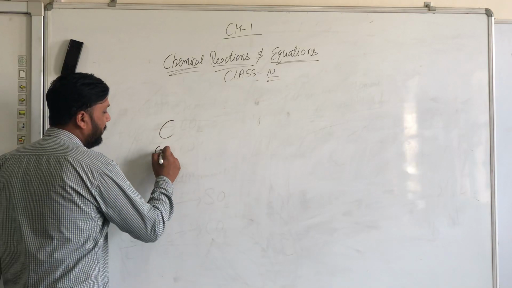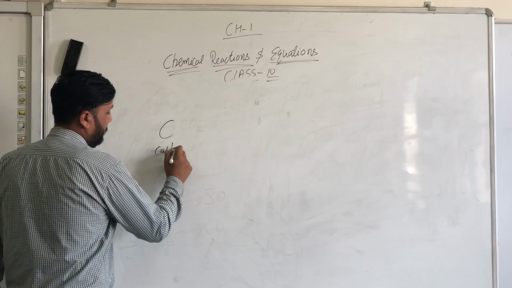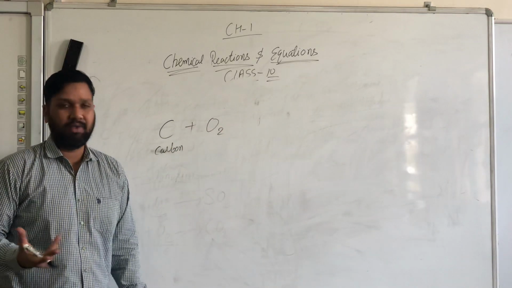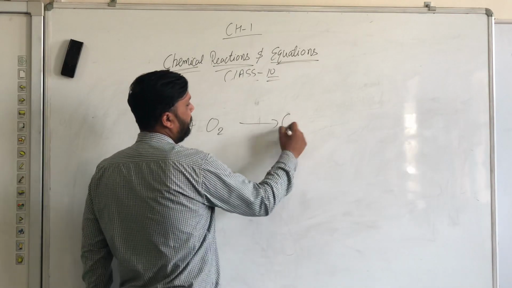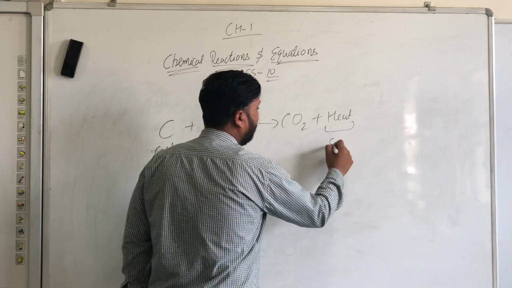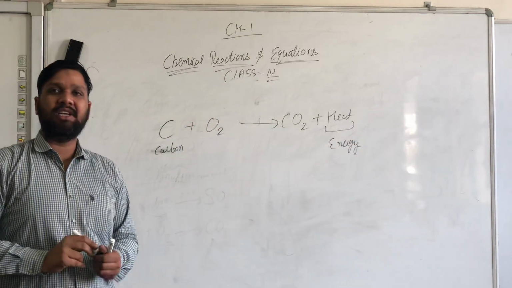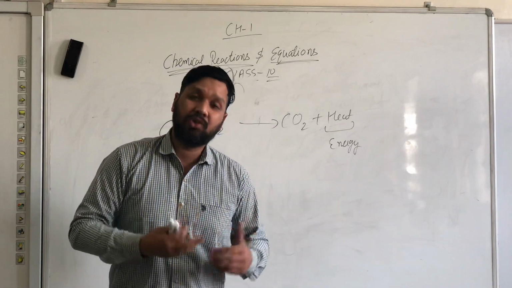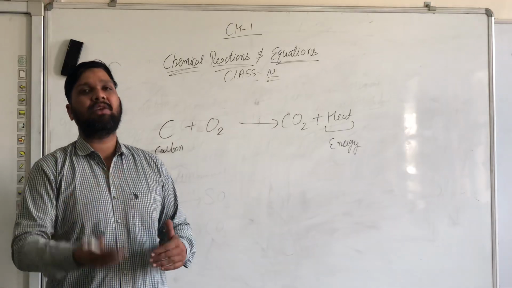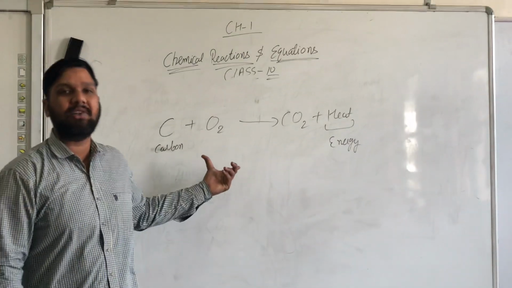Coal contains only carbon. It burns in the presence of oxygen to give carbon dioxide along with heat. This heat is energy. When energy is released, the reaction is said to be exothermic. So we can say that combination reactions are mainly exothermic. This is the simplest example of a combination reaction which is also exothermic.